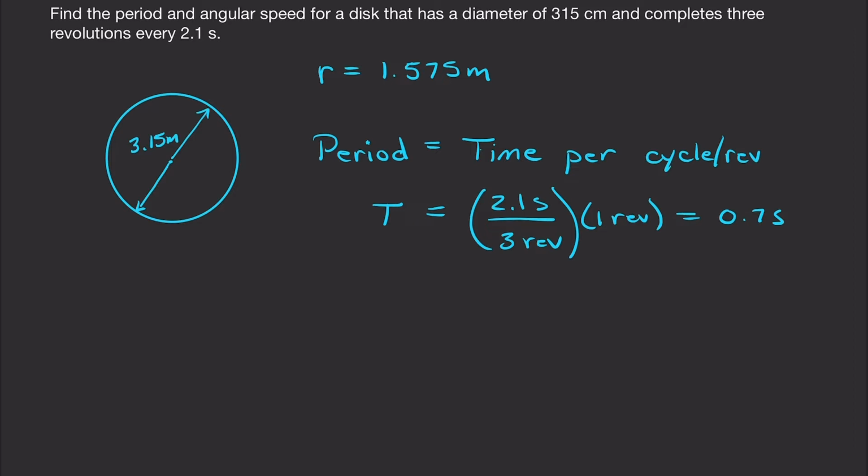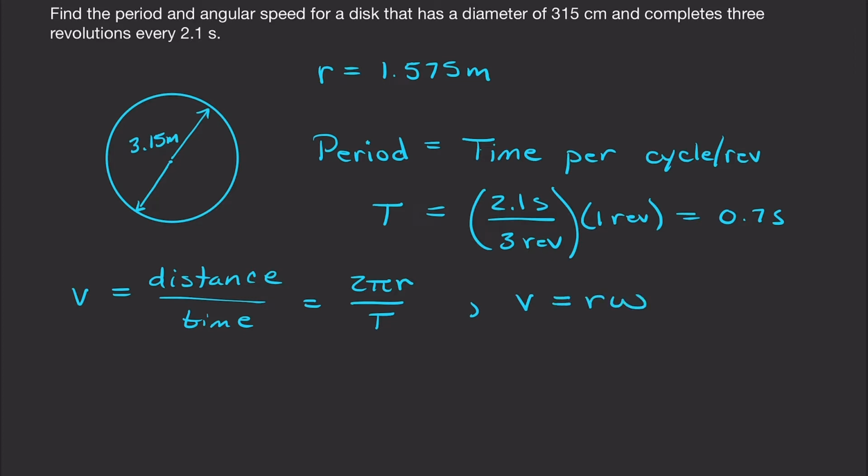Now we can use our definition of speed, which is just distance over time. And for a complete circle, the distance is just the circumference, or 2 pi times the radius, over the period. But we also know that we have a relationship between the linear velocity and the angular velocity, v equals r omega.